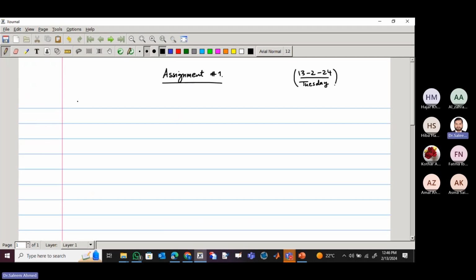Anyway, problem 1. First of all, the highest value was 27. The lowest or smallest value is 4. So therefore the width of each class is W equals highest plus 1 minus the lowest.